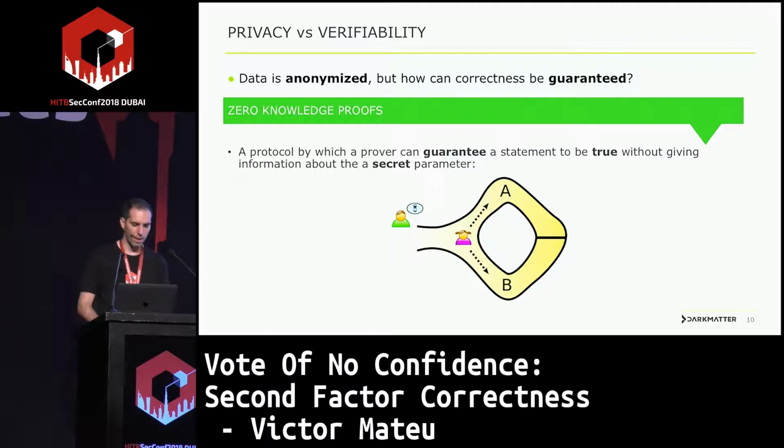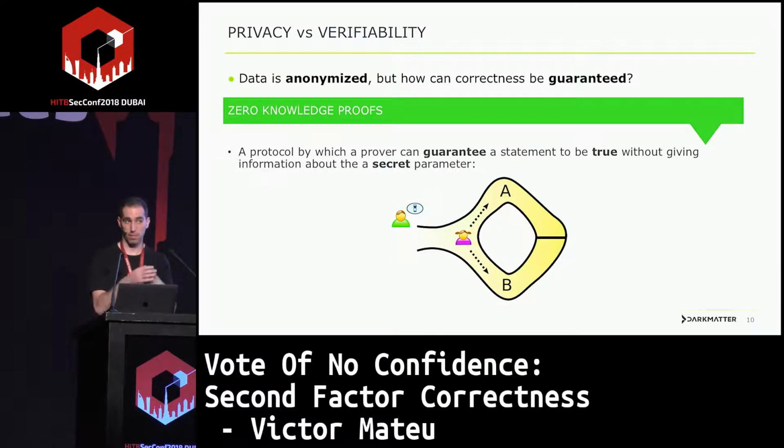So, I have mentioned that we required a zero-knowledge proof for proving that the permutation has been done properly. It is important to know what a zero-knowledge proof is. As we don't have much time to introduce this topic, and most people will probably not be interested, a zero-knowledge proof is basically a protocol where you guarantee that a statement is true.